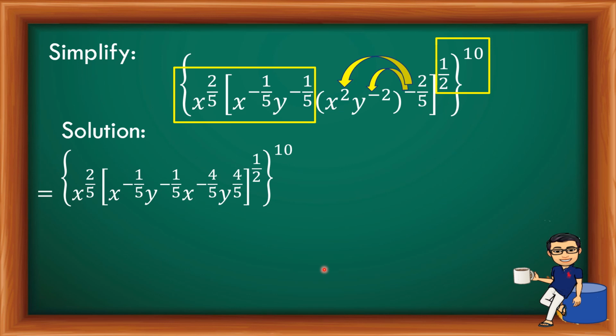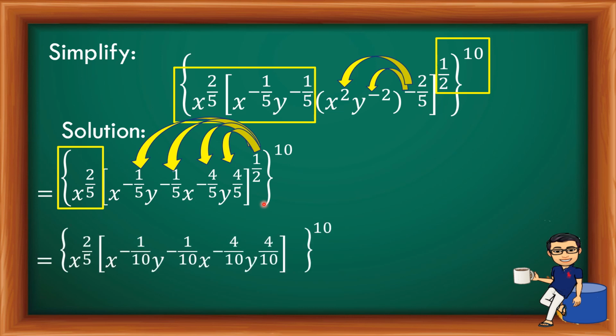Then after that, we will be working with the bracket. So this symbol, the bracket. What is inside it will be distributed to the 1/2. Okay, so we first copy x raised to 2/5. Then we will multiply it one at a time. That symbol represents that we are about to multiply.